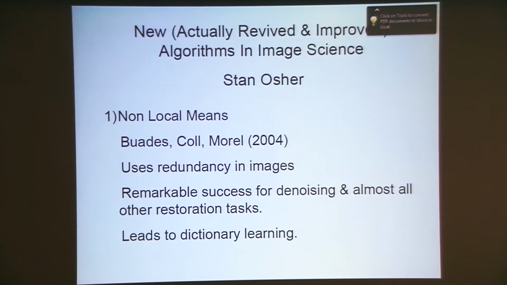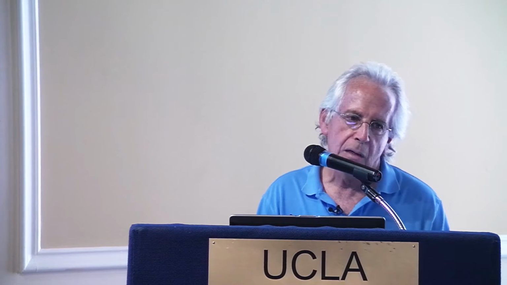Most things have precedence. So for example, an idea here is called Nonlocal Means, which has led to dictionary learning. The idea is based on redundancy in images. If I look at you guys, I see lots of heads. You're all unique individuals, but nevertheless, the heads and hair and faces and noses have things in common. There's lots and lots of redundancy in what I'm looking at right now.